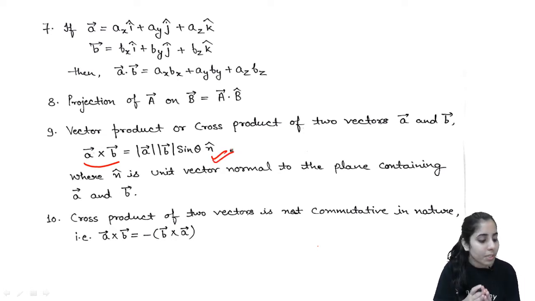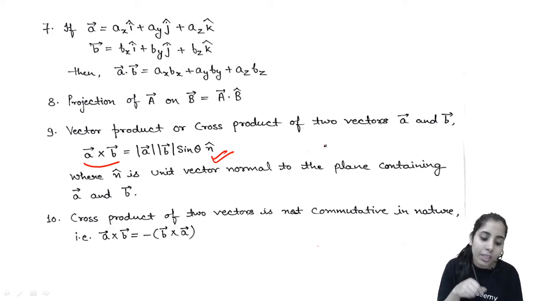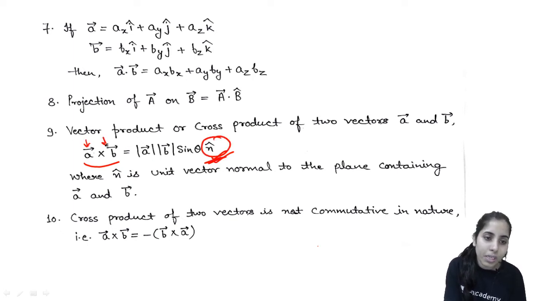Unit vector n is perpendicular to vector A as well as vector B. So if you take the cross product of any two vectors, the resultant vector will be normal to both the vectors. Clear? मतलब कि unit vector n जो है ना, ये perpendicular होगा A के और B के. Clear?